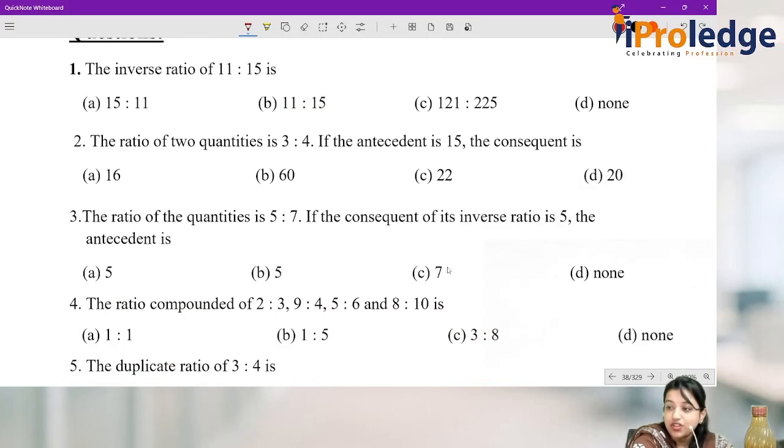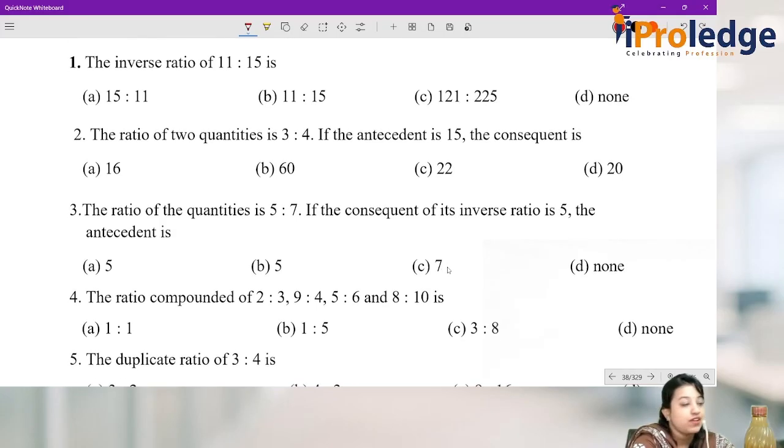Inverse ratio. The ratio of two quantities is 3:4. If the antecedent is 15, what is the consequent? 20. 3 joti yav number multiplied, the same number should be multiplied with 4.